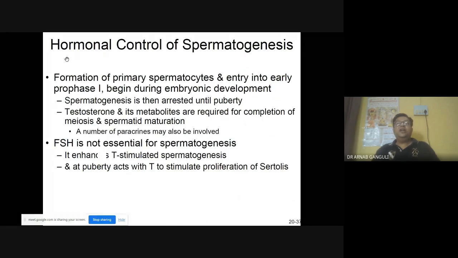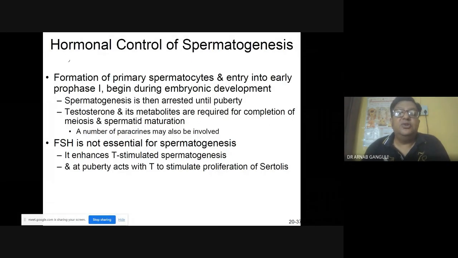If you look at the hormonal control of spermatogenesis, formation of primary spermatocytes and entry into early prophase I begins during embryonic development. Then spermatogenesis is arrested in prophase I until puberty. Testosterone and its metabolites are required for the completion of meiosis and spermatid maturation.